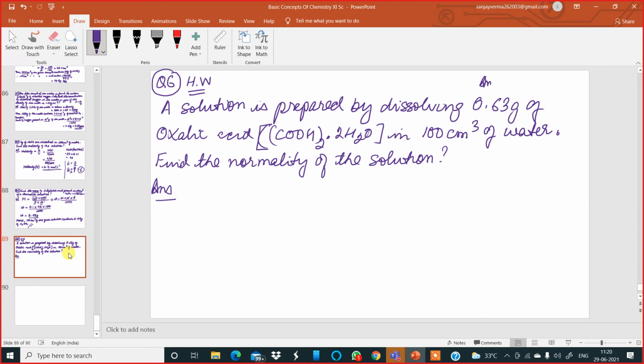You should get the answer 0.1 gram equivalent per liter. But I would like to check your working for this homework in the next class with you all. I have a class with you all tomorrow in the fifth period.